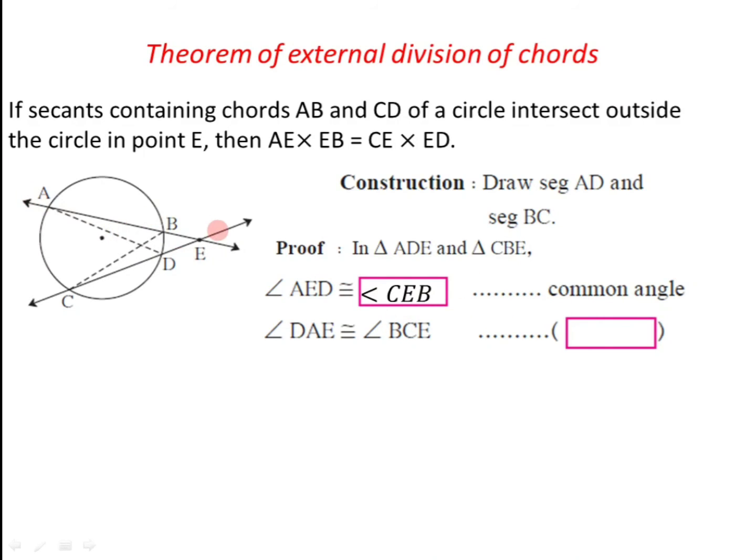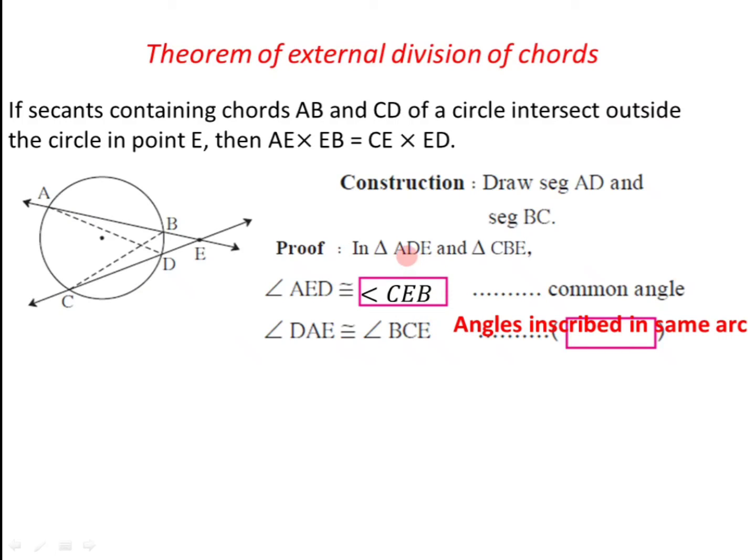Then angle DAE is congruent to angle BCE. The reason is that these two angles are inscribed in the same arc. Both angle DAE and angle BCE are inscribed in arc ABC. That's why these two angles are congruent.